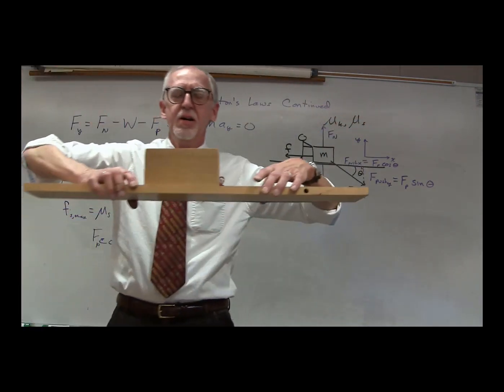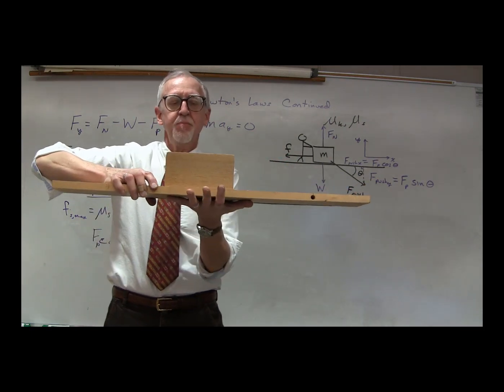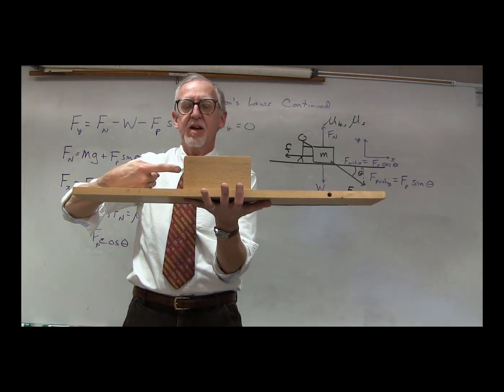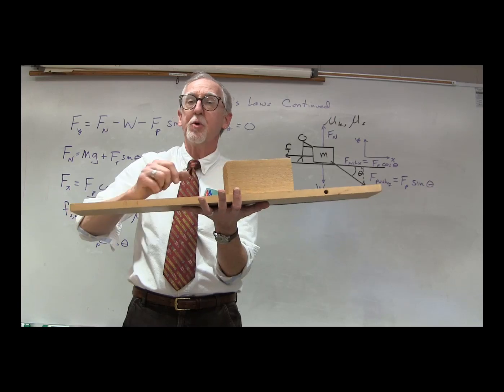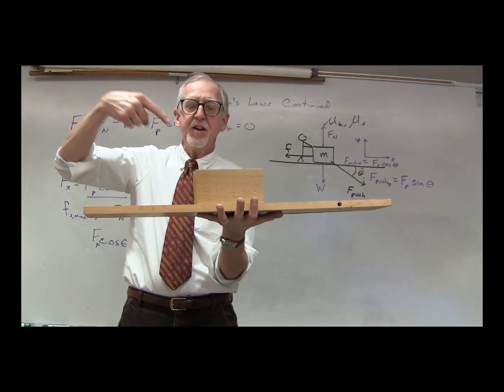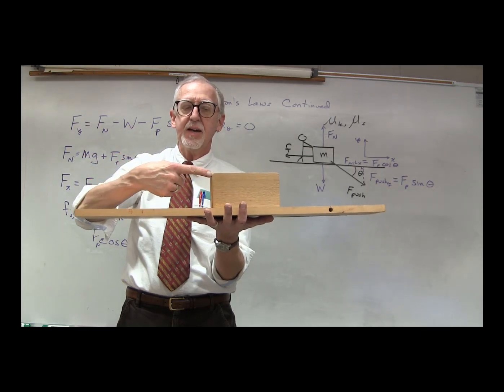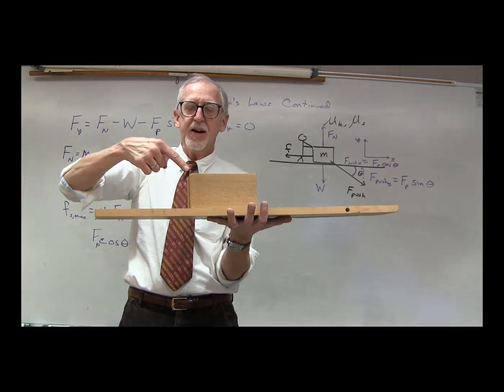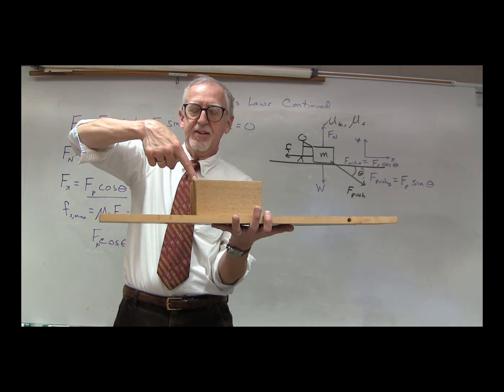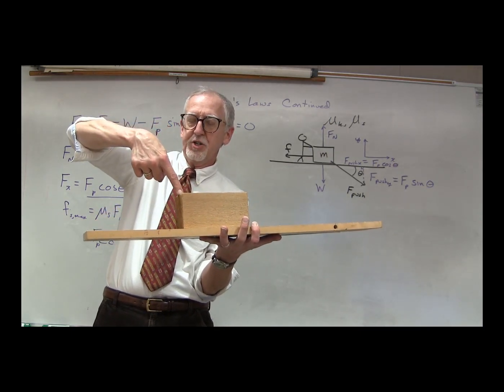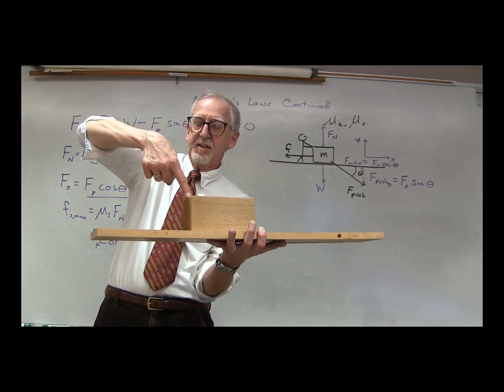Here I have a board on a horizontal surface, and if I push horizontally on it, I can make the board slide fairly easily. But imagine I'm pushing down at an angle. If the angle is small, I can still move it. But if I increase the angle too much, it doesn't matter how hard I push, and I'm pushing much harder than before, I still cannot move it.